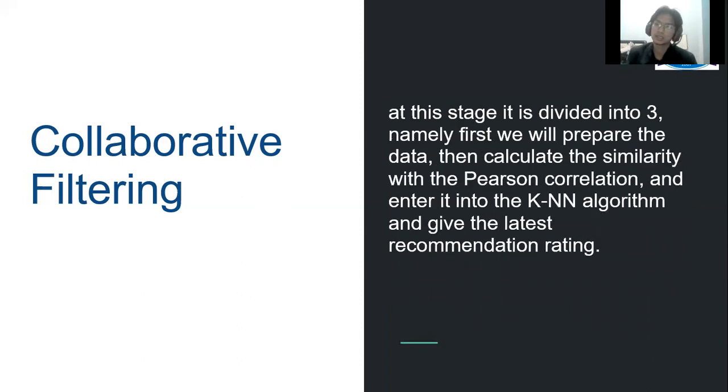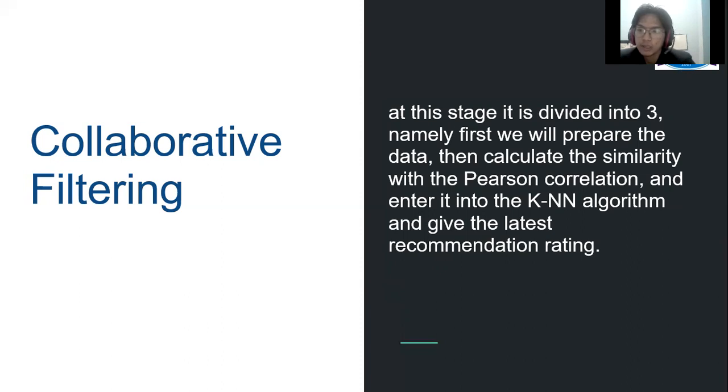And these steps are defined into three steps. The first stage is we prepare the data, and the second is to calculate the similarity with Pearson correlation to get the similarity between items from the user access, and then get the KNN algorithm in the collaborative stage.